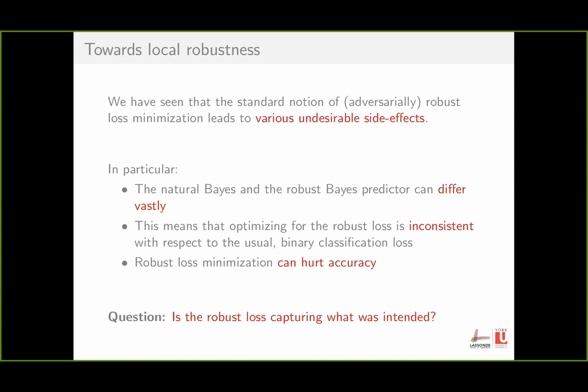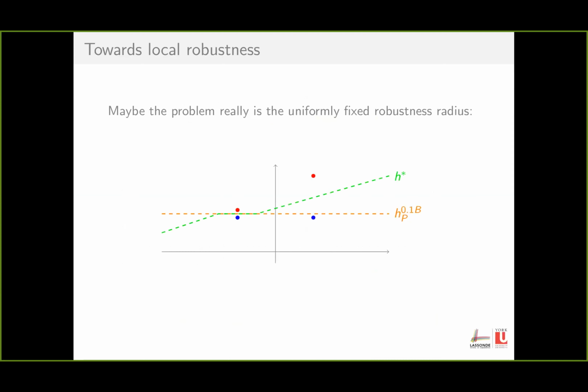So then the question we were asking here, or the question Sally was asking in her master's work, is whether this notion of loss actually captures what we intended it to capture. If we look at such a picture here, again a very simplistic distribution on four points or four areas, sometimes the distribution is perfectly separable, but the margin is locally different in different areas of the space.